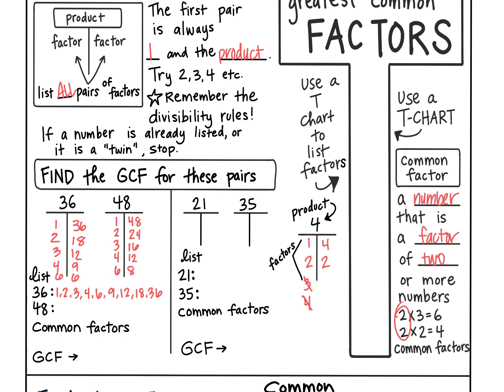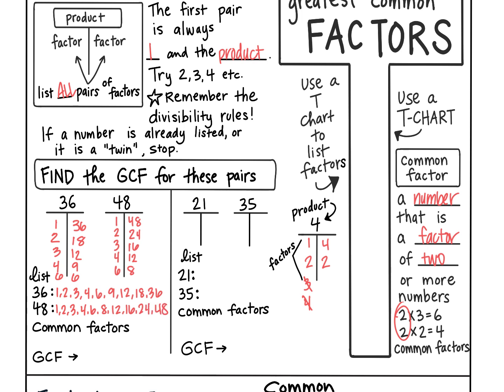And 7 does not, and then it repeats. It loops back around. So now I'm going to list all of these factors. So I have 1, 2, 3, 4, 6, 8, 12, 16, 24, and 48.